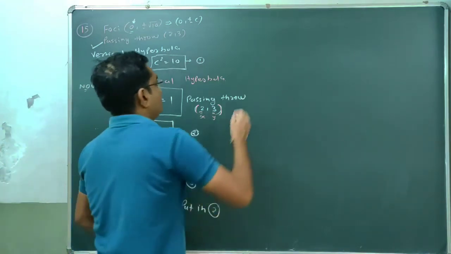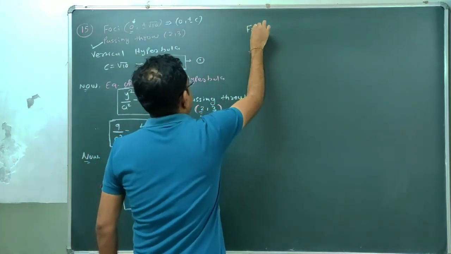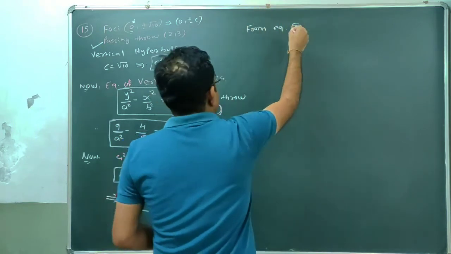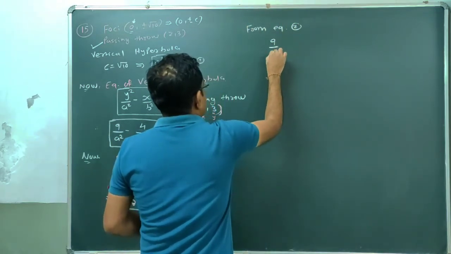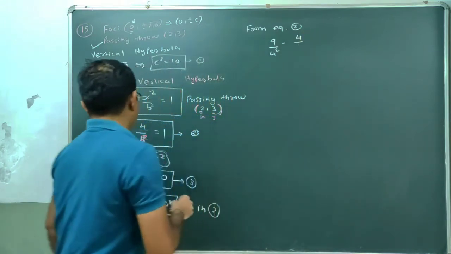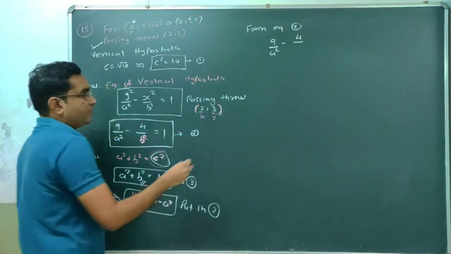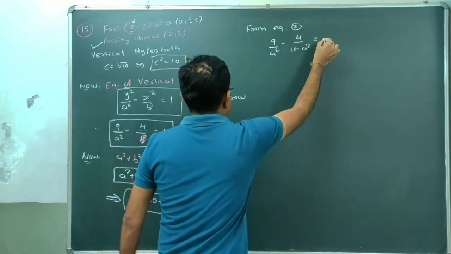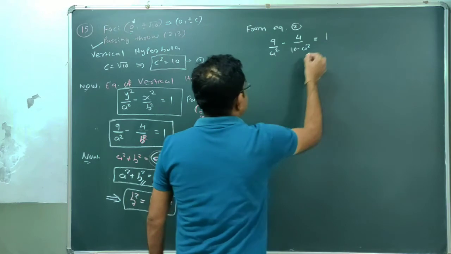So from equation number 2 we can say 9 by a square minus 4 by b square, and then b square equal to 10 minus a square, and that is equal to 1.